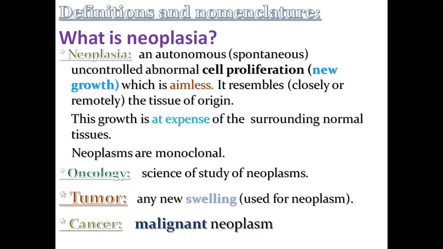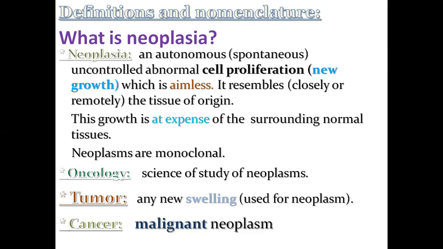They have a similar clone, a similar DNA chromatin like the original cell, right? So neoplasms are monoclonal. Mono means one, single. Clone is the offspring. So all the offspring have one single shape, derived from the original one cell.